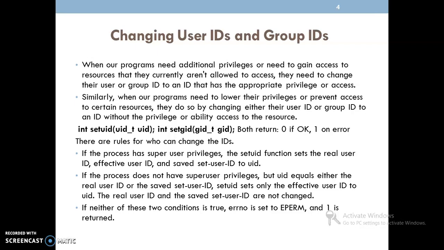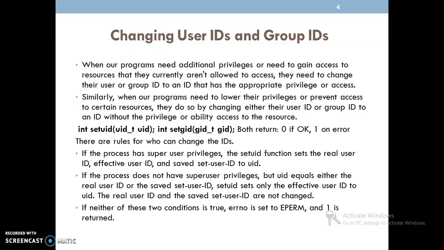Which means that sometimes we want to run a particular program, but with respect to that program we require some additional privileges or some resources, but currently it is not able to access them using the existing user ID and group ID. In that case, we need to change the user ID and group ID to one with the appropriate privilege.